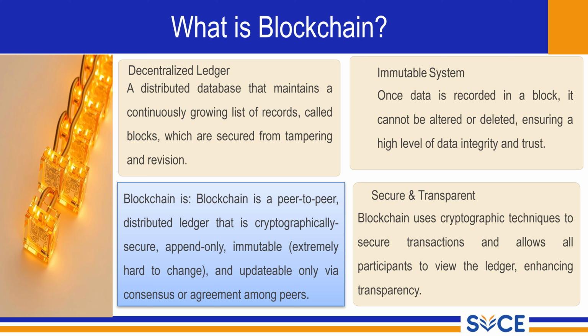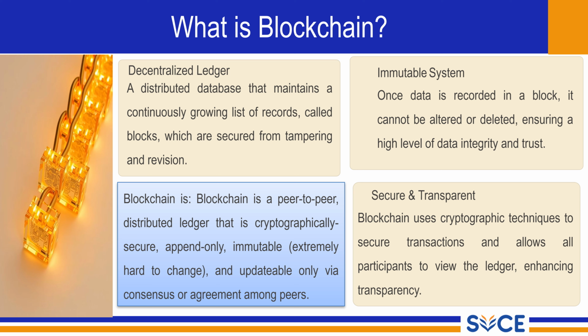Consensus mechanism. So, for a transaction to be added to the blockchain, it must be validated by the network through a consensus mechanism. This ensures that all the nodes agree on the state of the ledger. So, how does proof of work work?